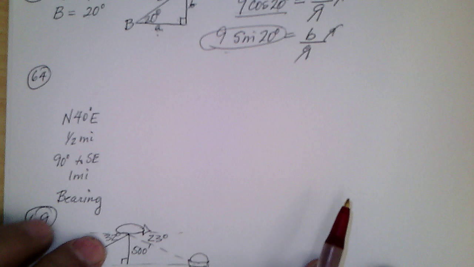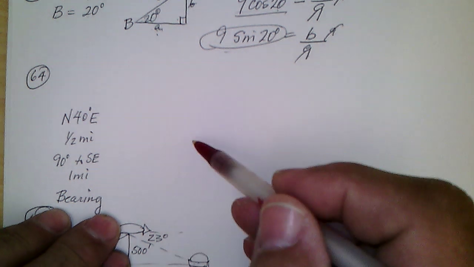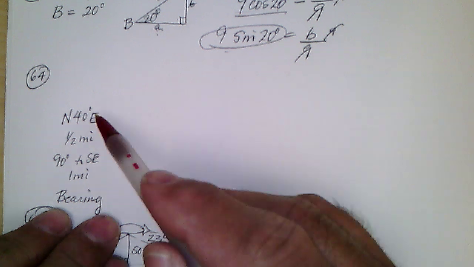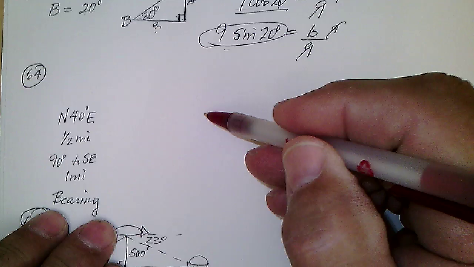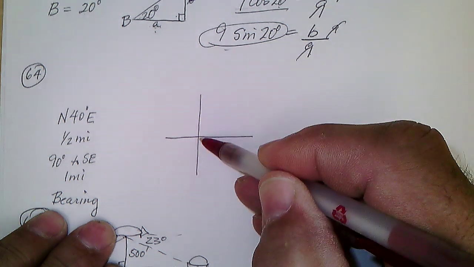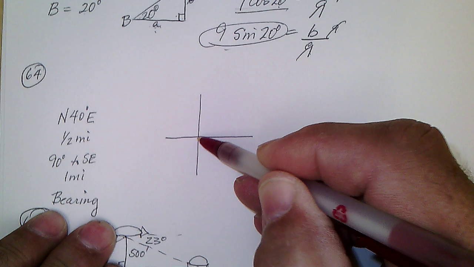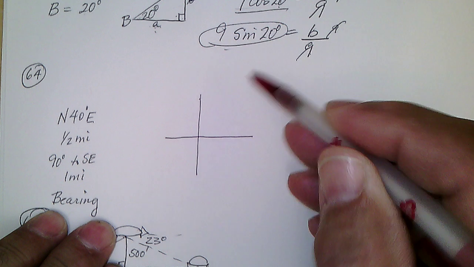Now it says, I hope that thing quits adjusting focus here. Okay, so we have an aircraft that's leaving on a runway at an angle of north 40 degrees to the east.